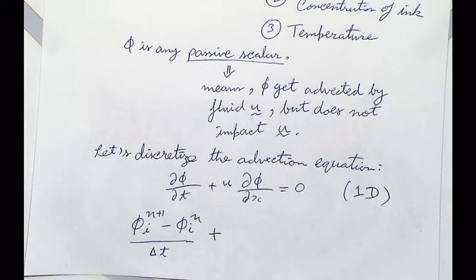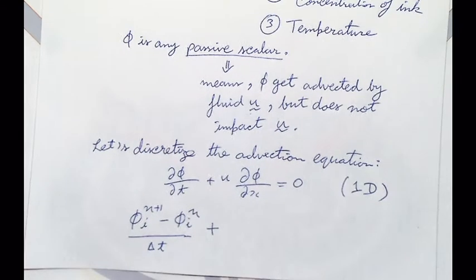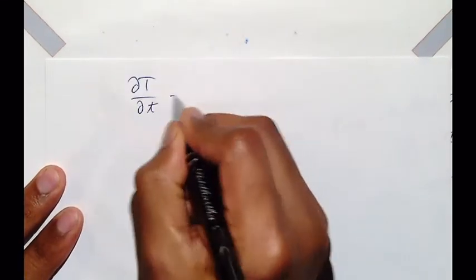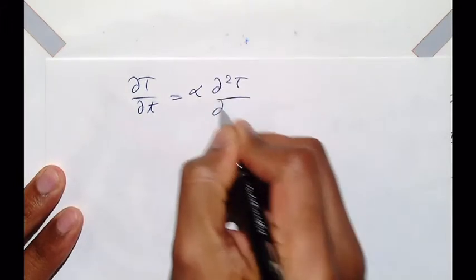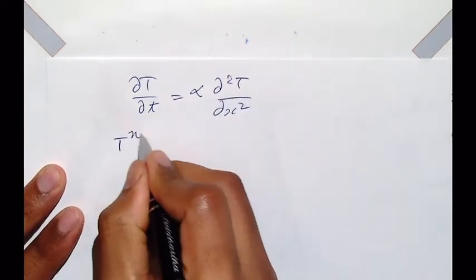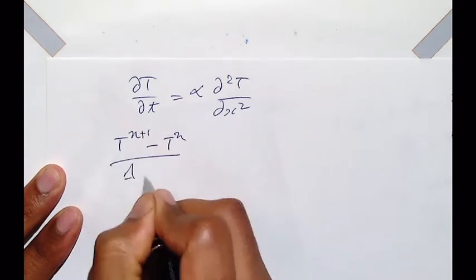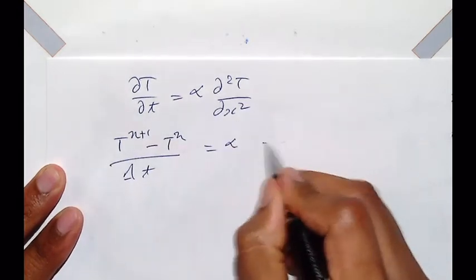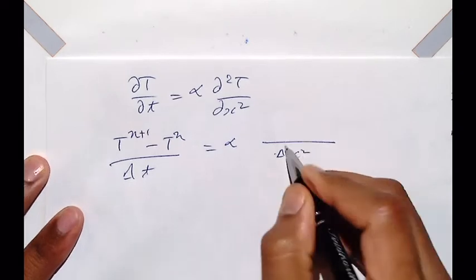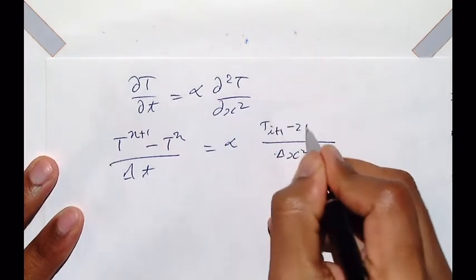We have to go forward if we did the other one? Remember when we were talking about temperature, we were using alpha del 2 T over del x squared. In time, we were going forward, T n plus 1 minus T n over delta t, but in space we were going second order, T i plus 1 minus 2 T i plus T i minus 1.